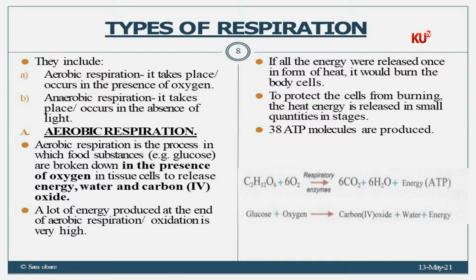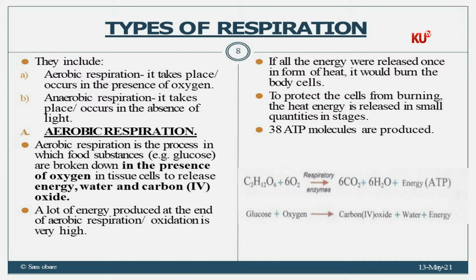Now, aerobic respiration is the process in which food substance, such as glucose, is broken down in the presence of oxygen in tissues to release energy, carbon dioxide, and water. So a complete process of respiration will give us energy, carbon dioxide, and water.